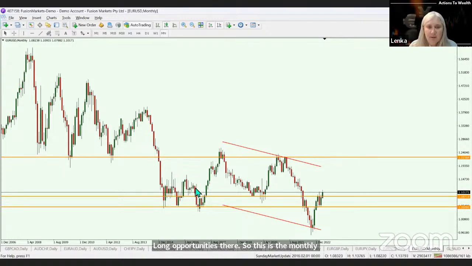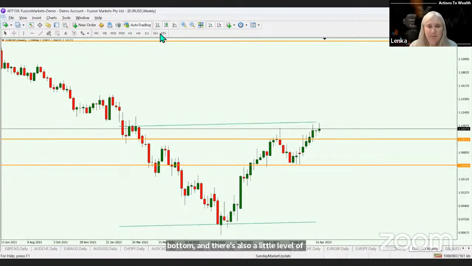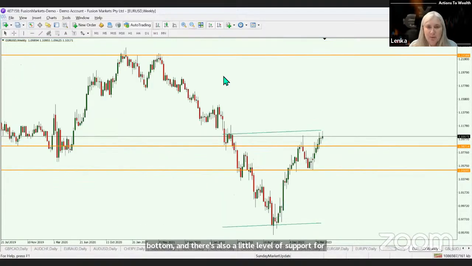We have had the price ranging between the top and the bottom. There's also a little level of support for the weekly time frame, which has now also been broken with a number of candles closing above.